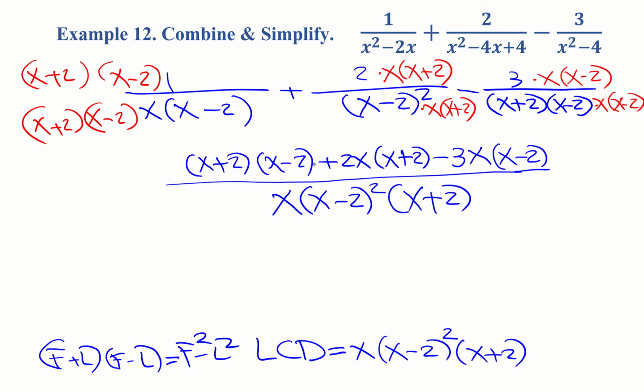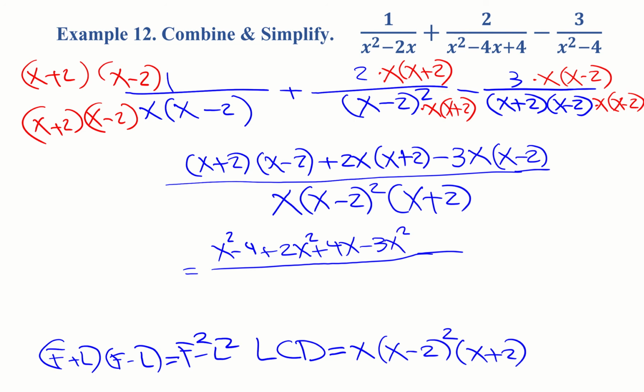All right, so we get x squared minus 4, plus, now we're going to distribute the 2x, so we get 2x squared plus 4x, minus, now we're going to distribute the 3x, so we get minus 3x squared plus 6x. And then the whole thing over x times x minus 2 squared times x plus 2.